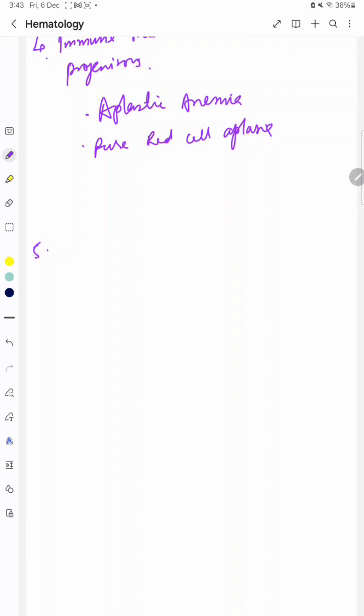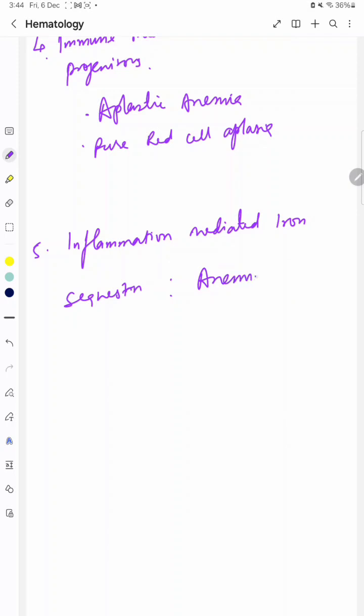Inflammation mediated iron sequestration is seen in anemia of chronic disease.